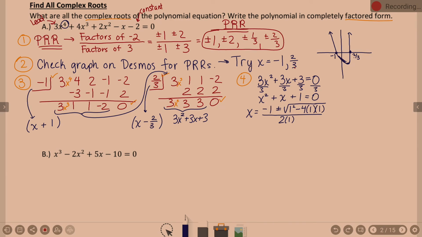Okay. Clean up. Negative 1 plus or minus, what's going on under that square root? 1 minus 4. Okay, 1 minus 4 is negative 3. So I have negative 1 plus or minus the square root of negative 3 all over 2.